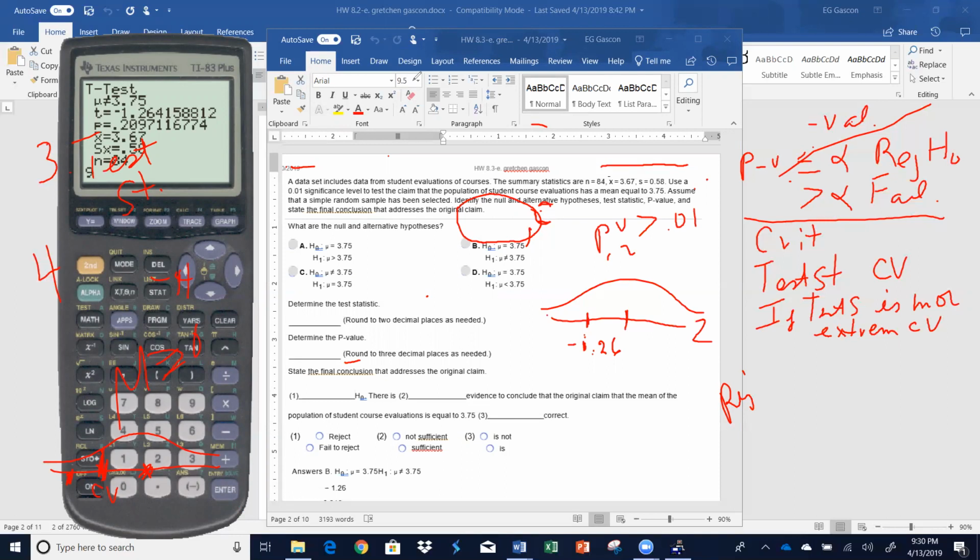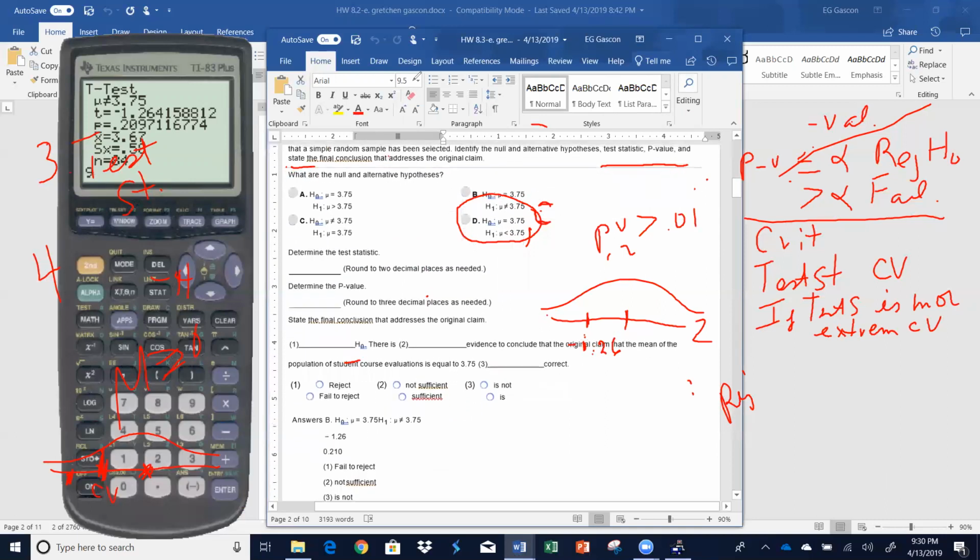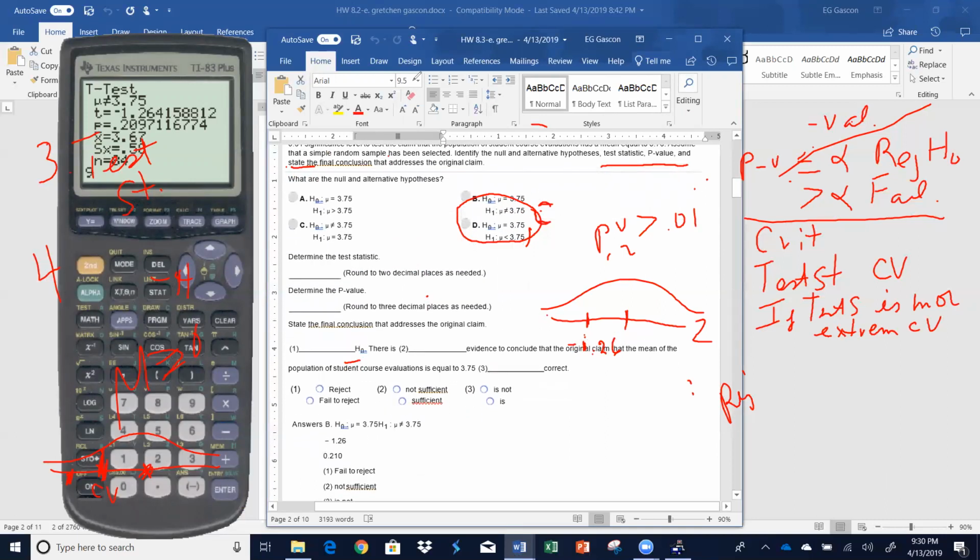Now, if you follow that path, you put the claim in equals, you failed to reject. So the answer is not the same. You don't word the answer the same way. You say that you failed to reject. There is not sufficient evidence to conclude that the original claim has a mean population of this.